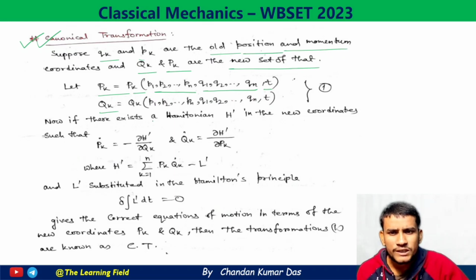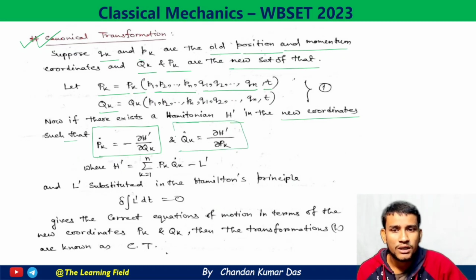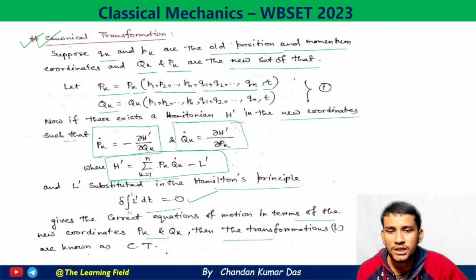Now if there exists a Hamiltonian H' in the new coordinates such that Pk dot = −∂H'/∂Qk and Qk dot = ∂H'/∂Pk, these being Hamilton's equations of motion, where H' = Σ Pk Qk dot − L' is the Hamiltonian of the new system, and L' is substituted in Hamilton's principle, then δ∫ from t1 to t2 of L' dt = 0 gives the correct, actual equations of motion in terms of the new coordinates Pk and Qk. Then this transformation is known as the canonical transformation.